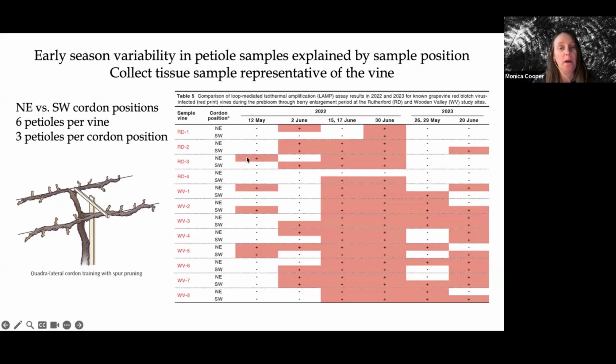So a sample from the northeast side of the cordon position might come back positive, whereas one from the southwest may come back negative. And so that's really why it's important to make sure that you're collecting from multiple locations and that you're representing the vine adequately when you're doing your sample collection.